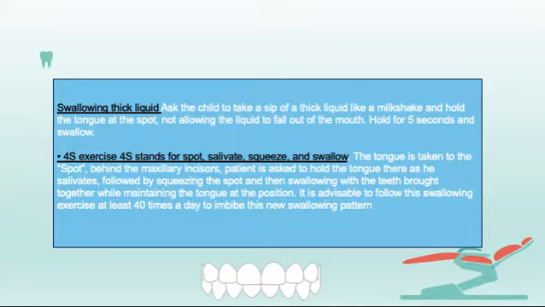The patient is asked to hold the tongue there as he salivates, followed by squeezing the spot and then swallowing with the teeth together while maintaining the tongue in position. It is advisable to follow this swallowing exercise at least 40 times a day to imbibe this new swallowing pattern.